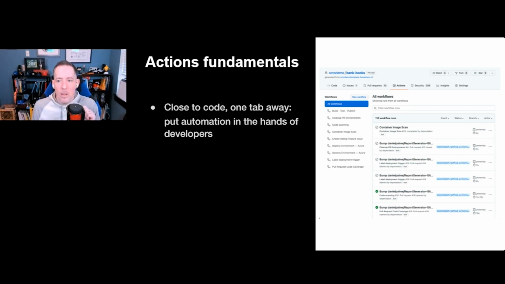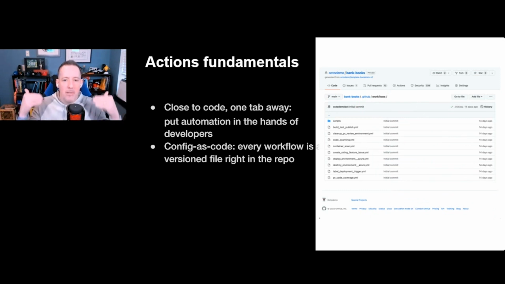Now, what's really cool about all of this is that those automations are going to be defined as YAML files. For those of you not already familiar with YAML, YAML stands for yet another markup language, because that's what we needed. And it's a white space based definition language. That's the phrasing that I want to use there.